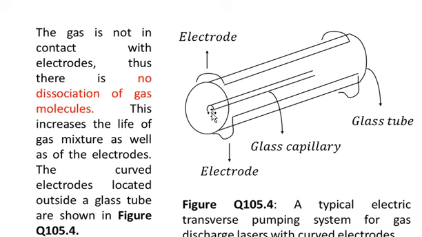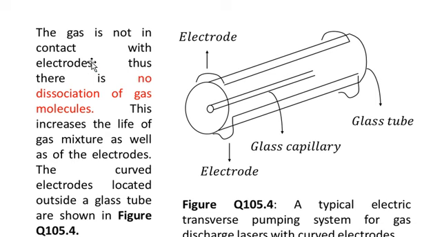So the lasing process will occur in this tube and the laser will come out from this end, and you can see that the two electrodes are outside the glass tube, encapsulating it, and these two are highly parallel to each other.